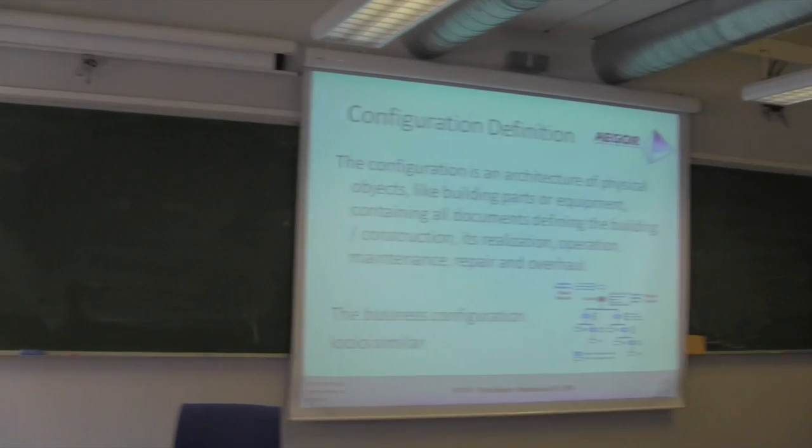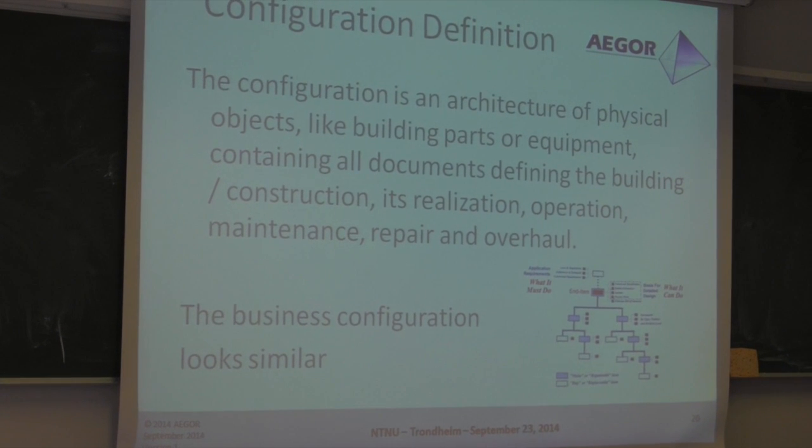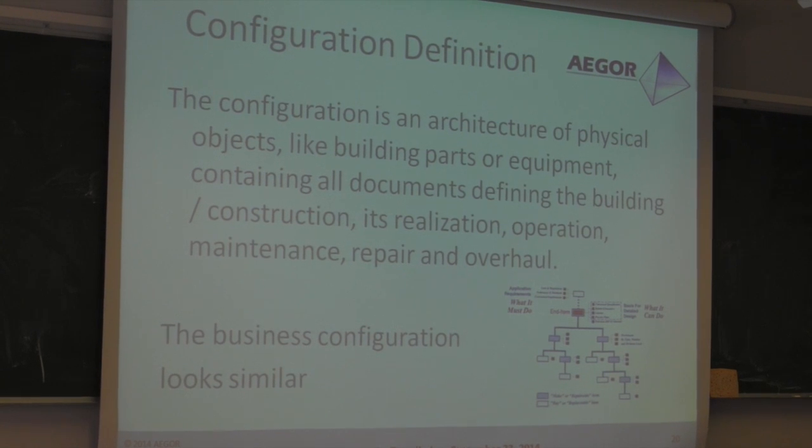Okay. Configuration. What is a configuration? In fact, it's the architecture of the product. Many times it's given, there are alternatives, but normally it's given in the form of a tree. And the tree is in fact the items, the composition of the items in the way it is built. You can do it in a lot of ways, but on the same tree, in this architecture, you link all the documents to the related object or item.